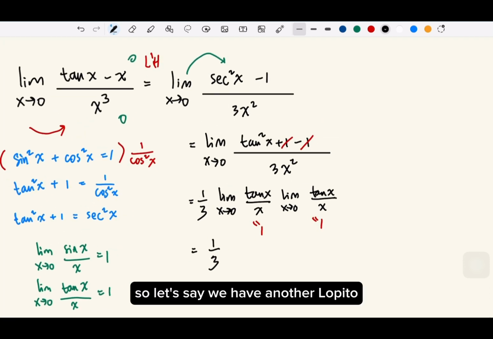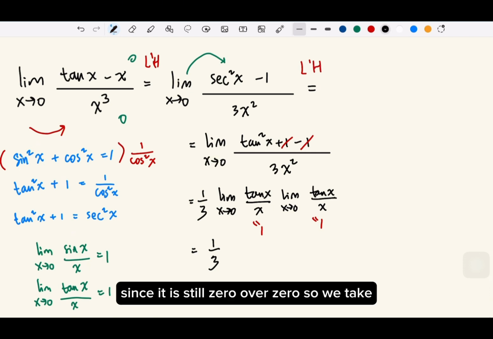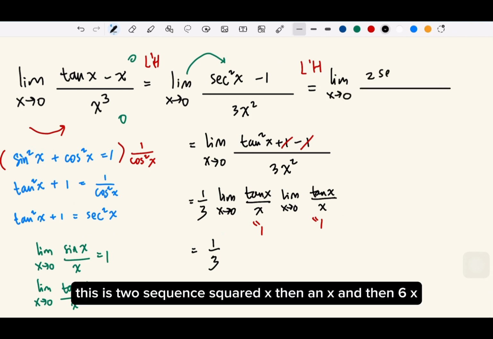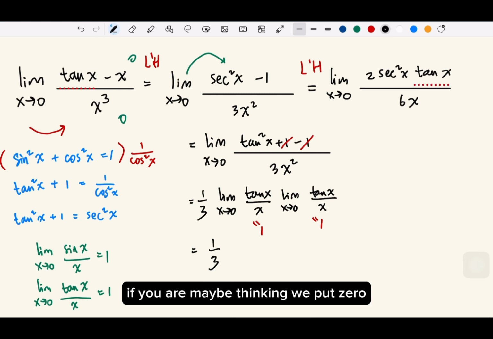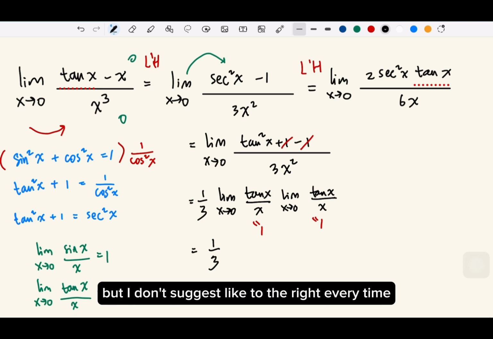So let's say we have another L'Hopital, since it is still 0 over 0. So we take this is 2 secant squared x tangent x, and then 6x. If we put 0, it's still 0 over 0, try again. I think we can have something, but I don't suggest deriving every time.